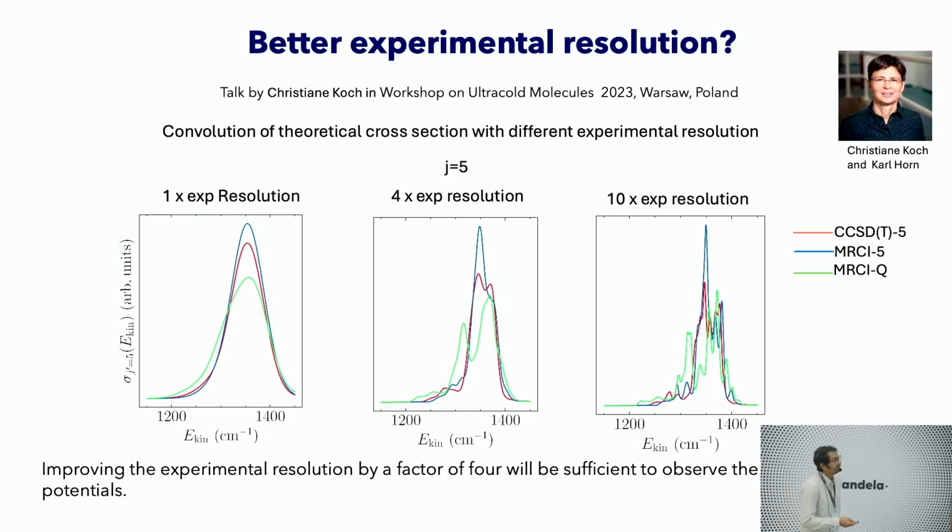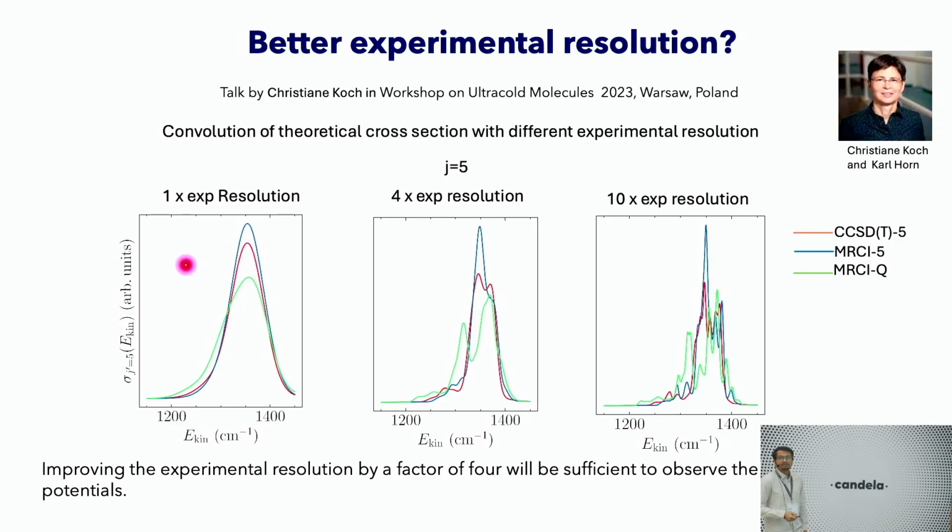So how can you see that? Christiane and his student Carl calculated all these things, and they say that we have to increase the resolution in our experiment, as it is not good enough. With the resolution we have now, these are the three potentials we are comparing.